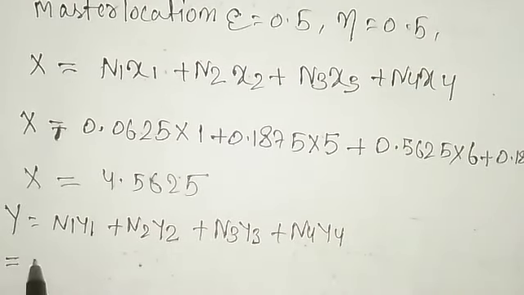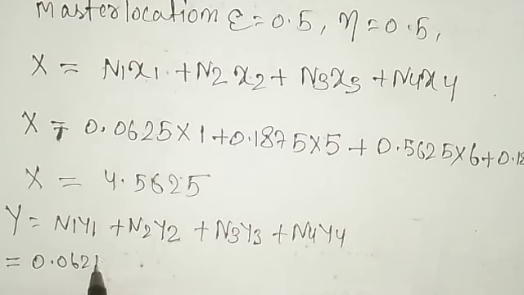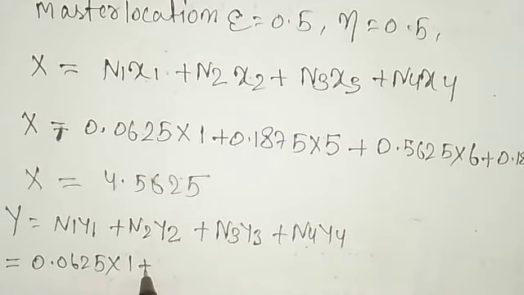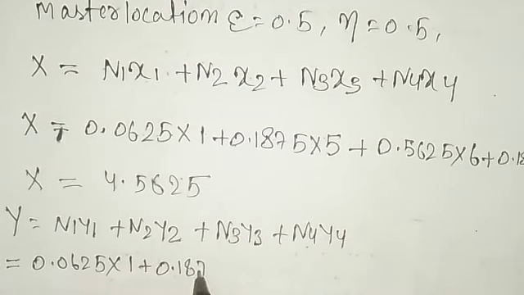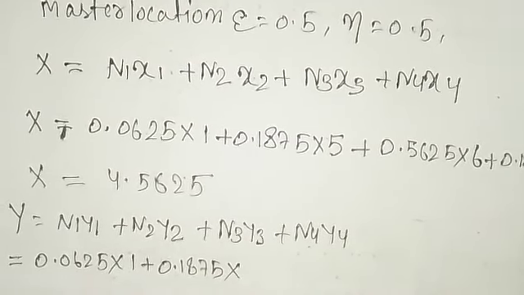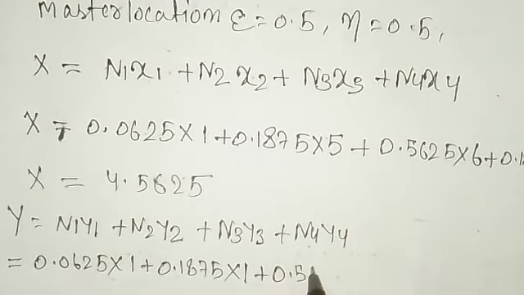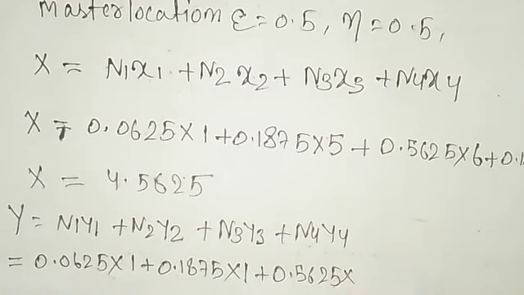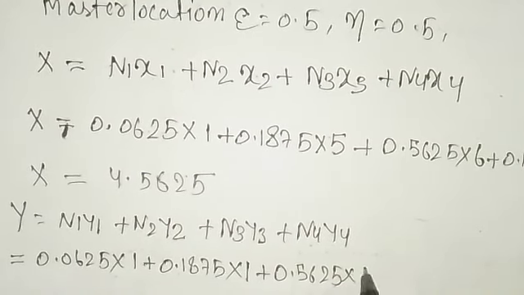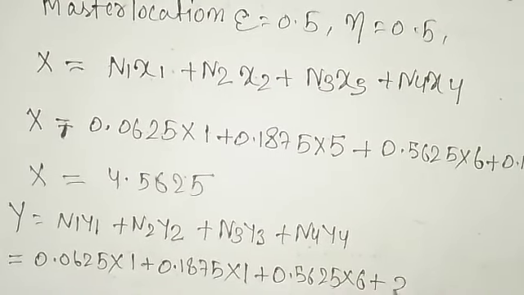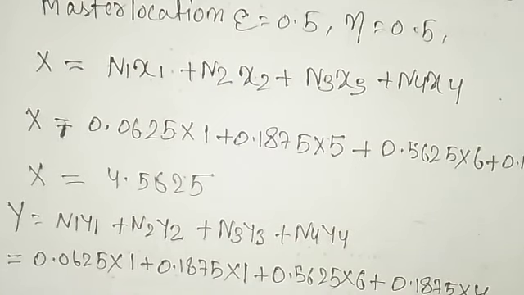Alright, so n1 is equal to what? 0.0625 into y1 is equal to 1, plus 0.1875 into y2 is equal to 1, plus 0.5625 into y3 is equal to 6, plus 0.1875 into y4 is equal to 4, right?